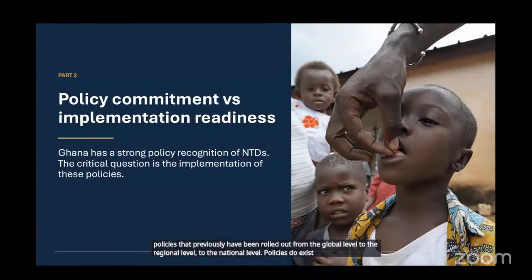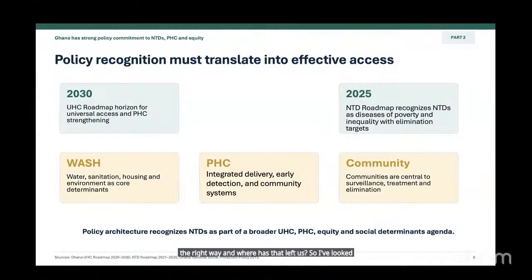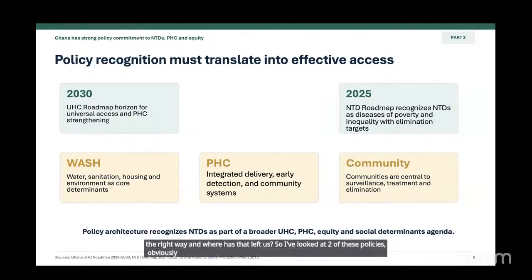I think our biggest question really is whether or not the implementation of these policies is done the right way, and where has that left us. So I've looked at two of these policies. Obviously, within the Ghanaian context, there could be more. The first one is the UHC roadmap that Dr. Entry mentioned in the first presentation, and then the now defunct NTD roadmap that was also mentioned earlier.